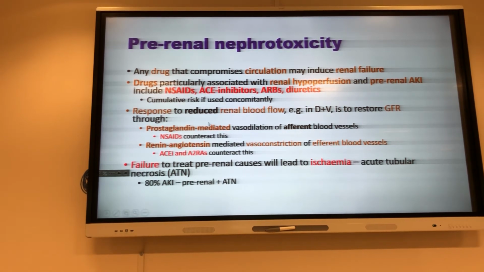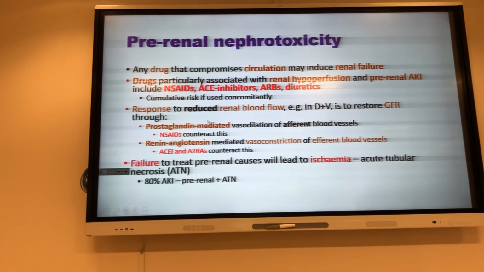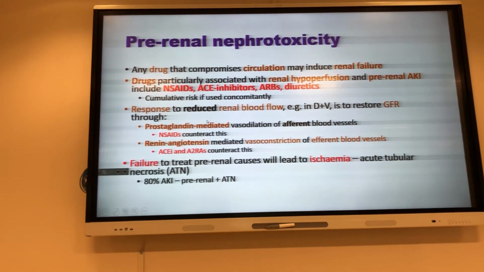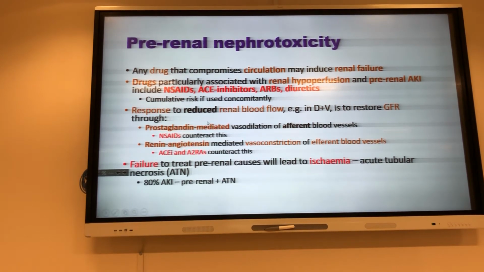But NSAIDs counteract this, so we try to take patients off NSAIDs if they're taking any. We also give renin and angiotensin to mediate vasoconstriction to prevent blood loss. ACE inhibitors and angiotensin 2 drugs counteract this, so we also stop them.